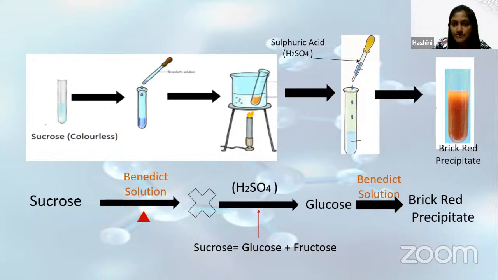From the sulfuric acid, we can get the glucose molecules in the solution. Then when we add Benedict solution, it will give the brick red precipitate as in the previous test. I think you can understand this test also.